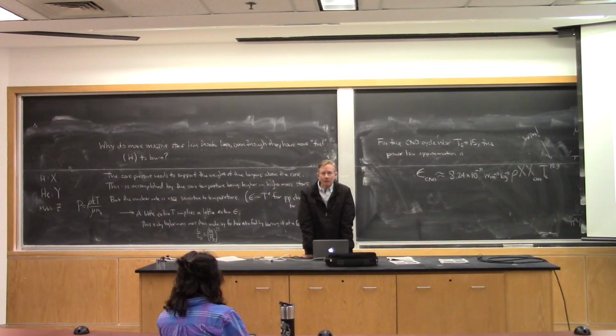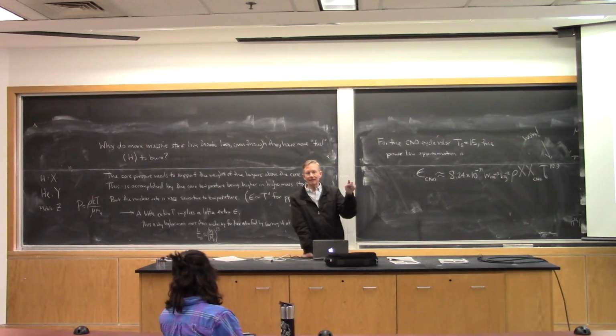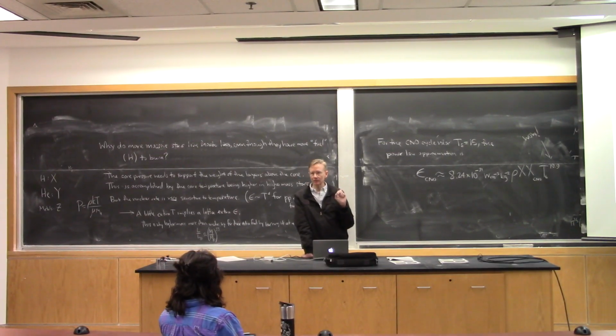So does the proton-proton reaction rate increase as the temperature increases? Yes, it does. Does the CNO cycle reaction rate increase? Yes, it does. Which one increases faster? CNO, because it's T to the 19.9 instead of just T to the 4. So as a result, as we go up the main sequence towards higher masses, the CNO cycle takes over because it's much more sensitive to temperature than the proton-proton chain is.